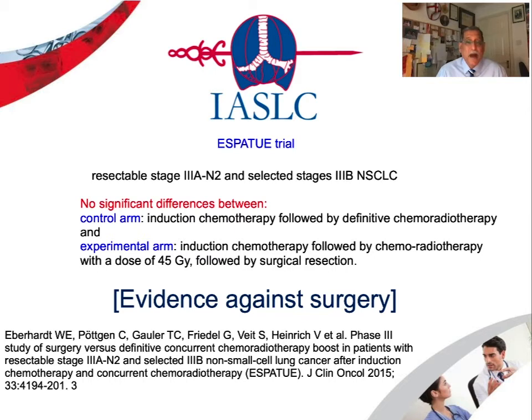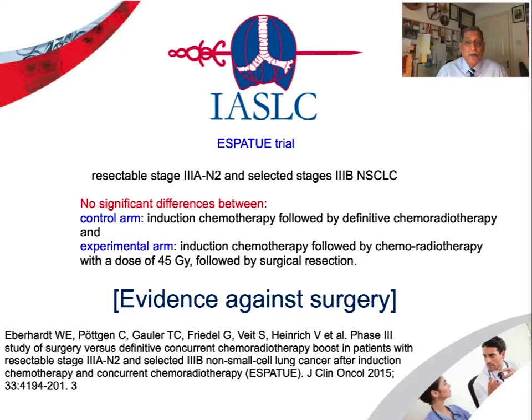On the other hand, there are well-designed publications which give evidence against surgery. The ESPATUE trial in 2015 studied the outcome in 2 intervention groups. A control group treated by bimodality: induction chemotherapy followed by definitive chemoradiotherapy.